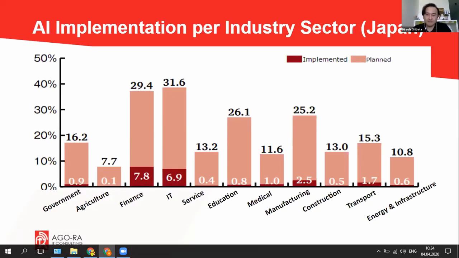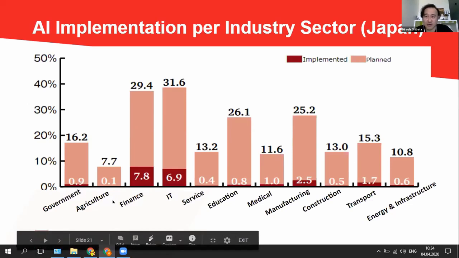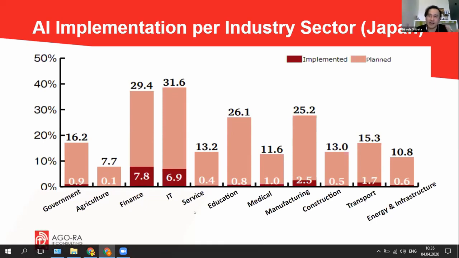So people can easily guess why those two areas use AI the most compared to traditional sectors like agriculture and government. They use AI significantly less, because they just don't understand what AI is. You have to explain what it does from scratch.